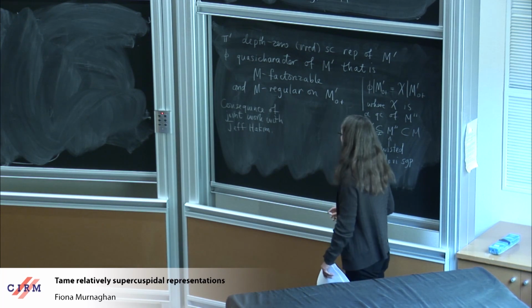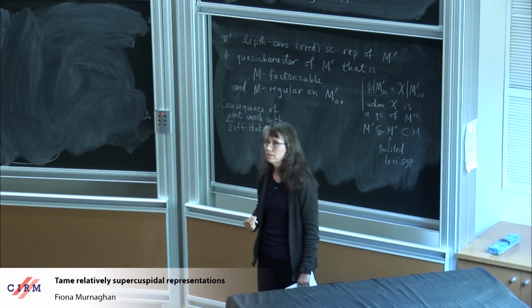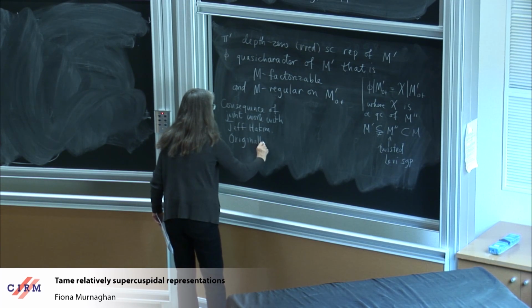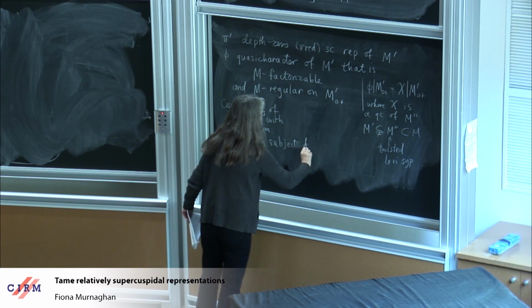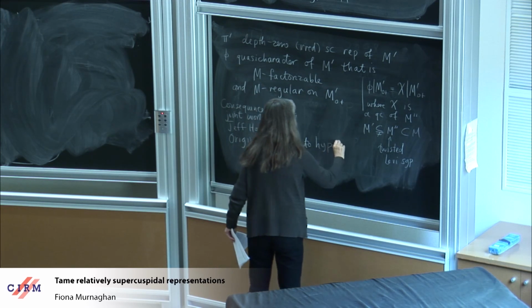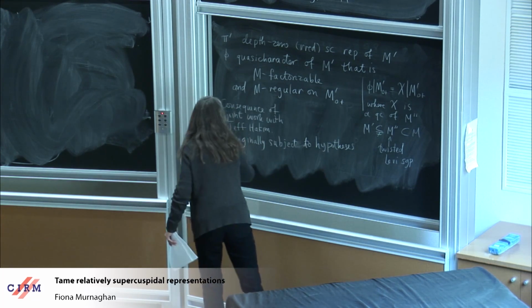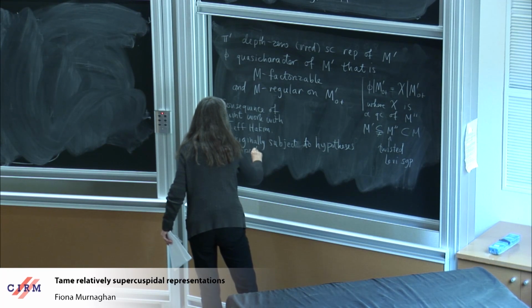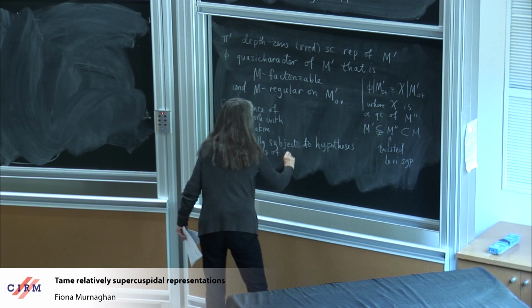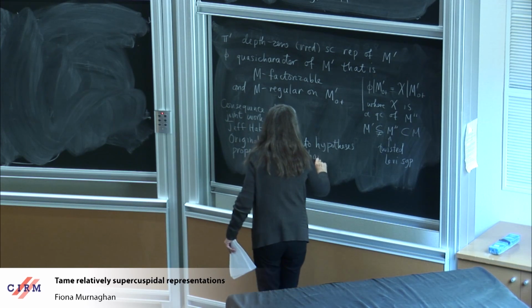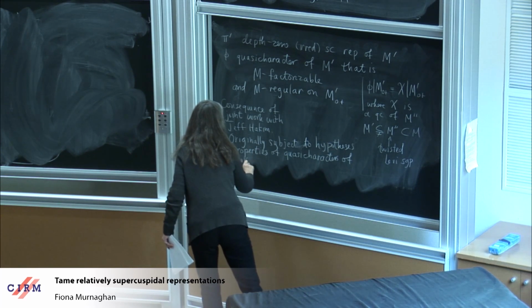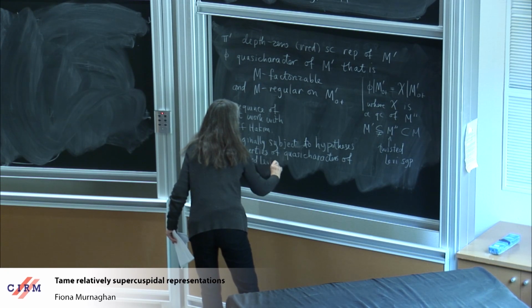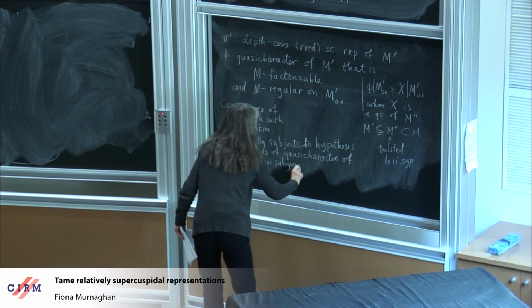Originally this was proved subject to some hypotheses concerning properties of quasi-characters of twisted Levi subgroups.